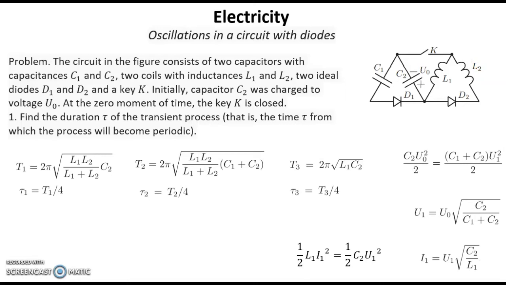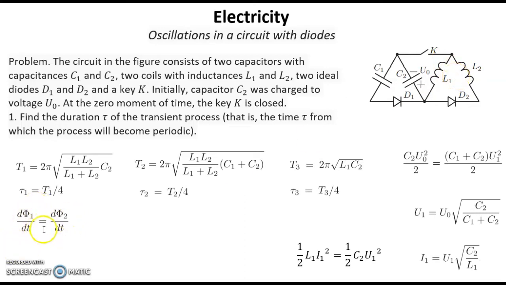How can we calculate it? Due to electromagnetic induction, we always have the voltage across this coil and this coil equal to each other. It means that the change of total flux will be the same. We have dF1 over dt equal to dF2 over dt, where F1 and F2 are the fluxes of the magnetic field inside these coils.